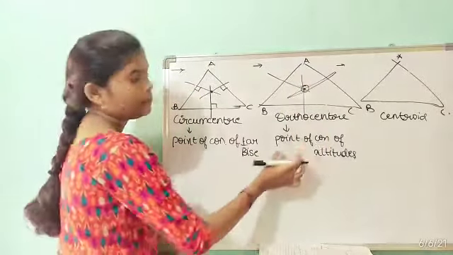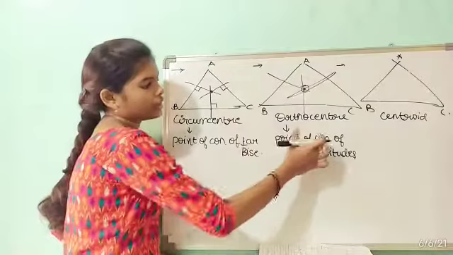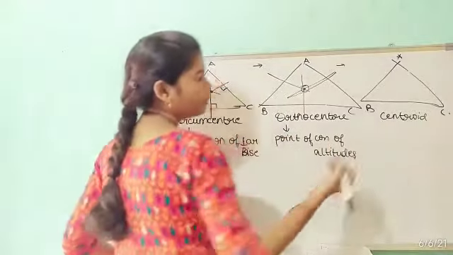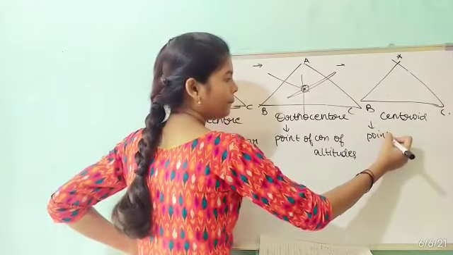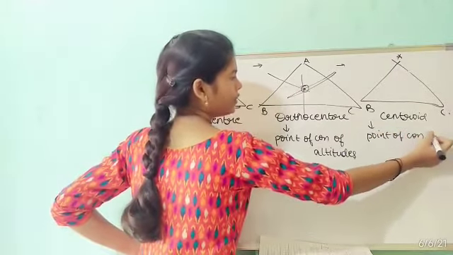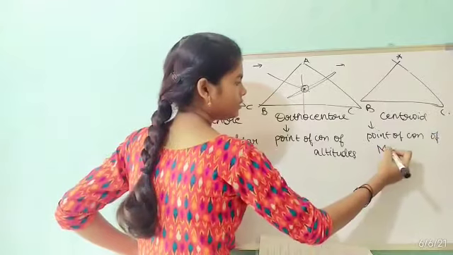So the orthocenter is nothing but the point of concurrence of altitudes. If we move on to the centroid, we can define it as the point of concurrence of medians.